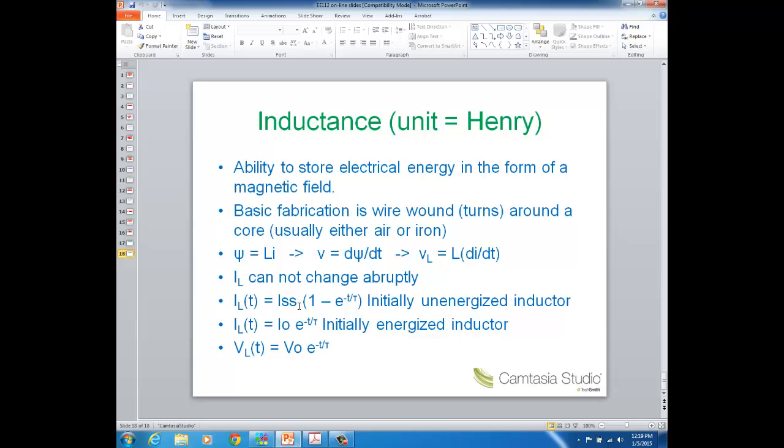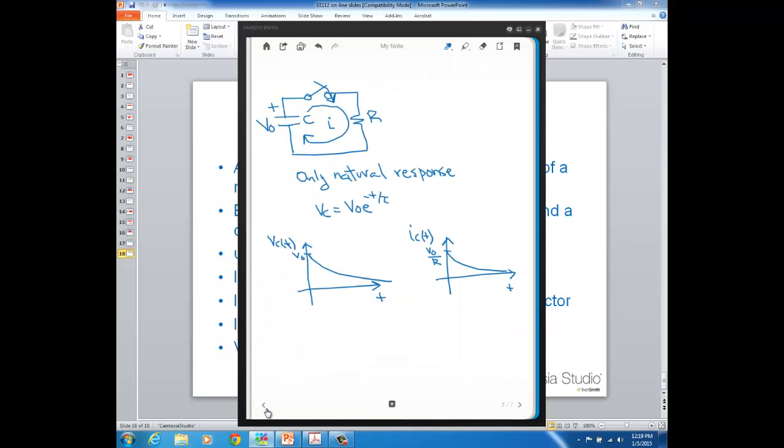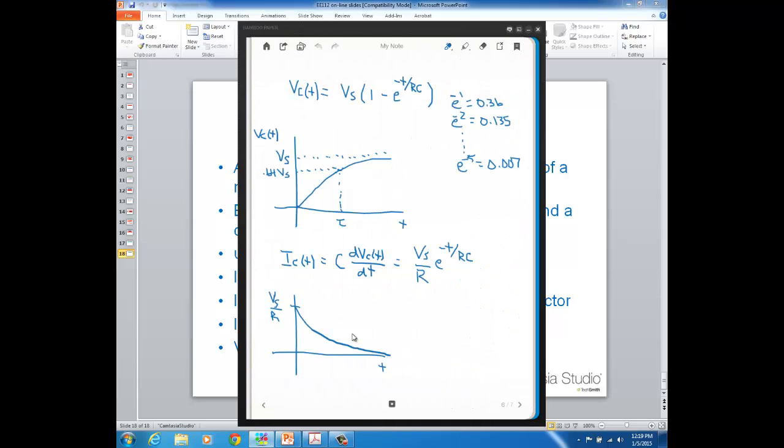So it's going to be a curve just like what we had for the capacitor case, right here, except Vc of t now would be IL of t. So it's the same 1 minus decaying exponential type of curve, but current instead of voltage.